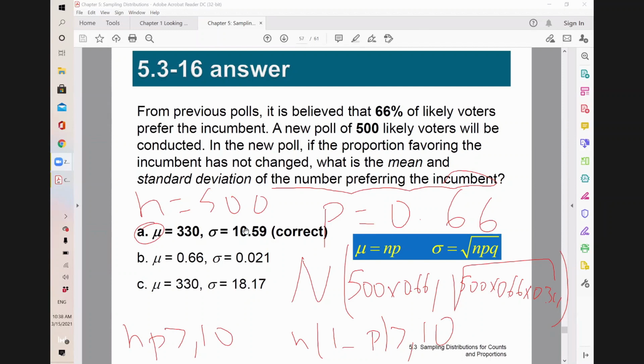This is the correct answer. That's why the correct answer is A, because this is 330 and this is, we have to check, 10.59. You can check with a calculator root 500 times 0.66 times 0.34.